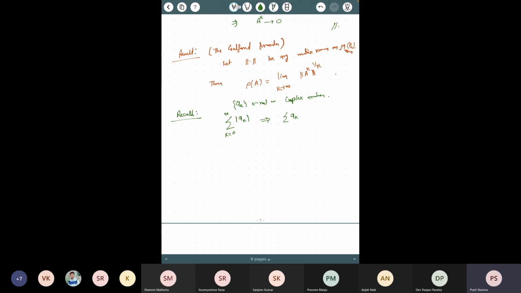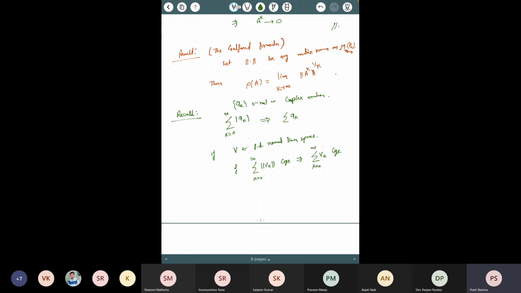That means if V is any finite dimensional normed linear space, that is, a vector space with a norm, and in that normed space this series of vectors is absolutely convergent, then this implies that the series is convergent.